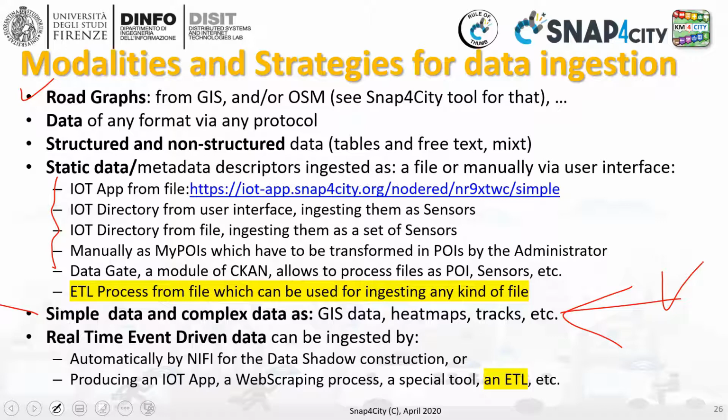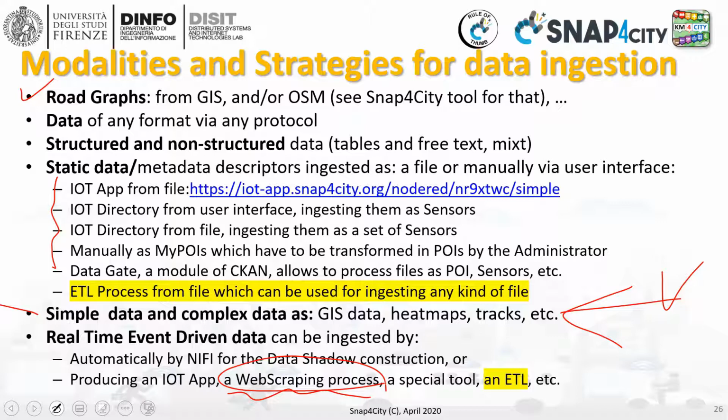So they are measured with different frequency. All of them can be taken. You can also take data from some web page by using web scraping process. You can take almost any kind of data you may have in your area with Snap4City tools.